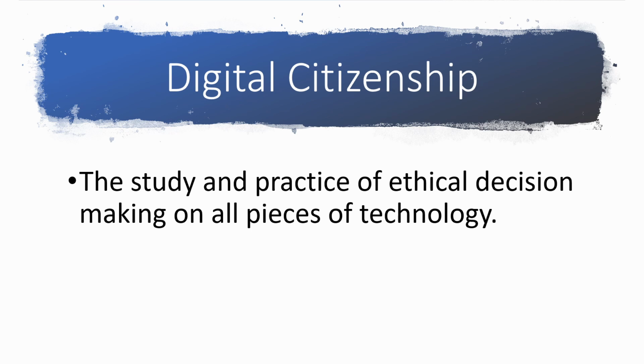The part of this definition that's a little bit complicated for people to understand is the part where it says ethical decision making. That's the part that needs a little bit of explanation. When I think of ethical decision making, I first think about the end part where it says decision making. This morning, when you got ready for school, there were some decisions that you needed to make.